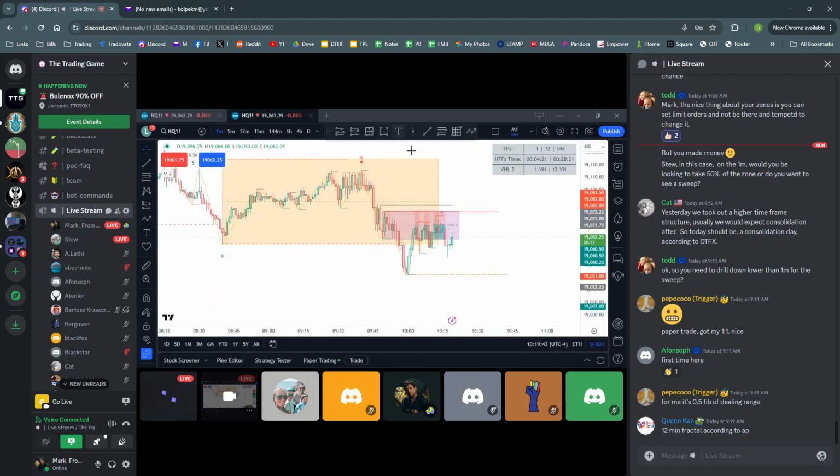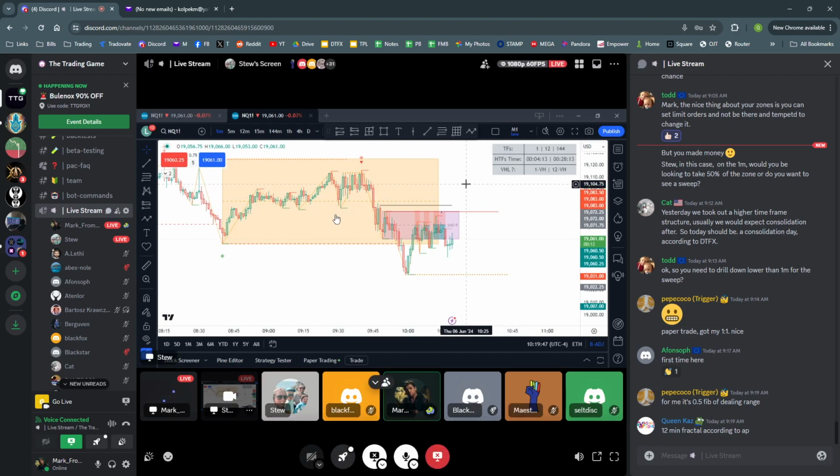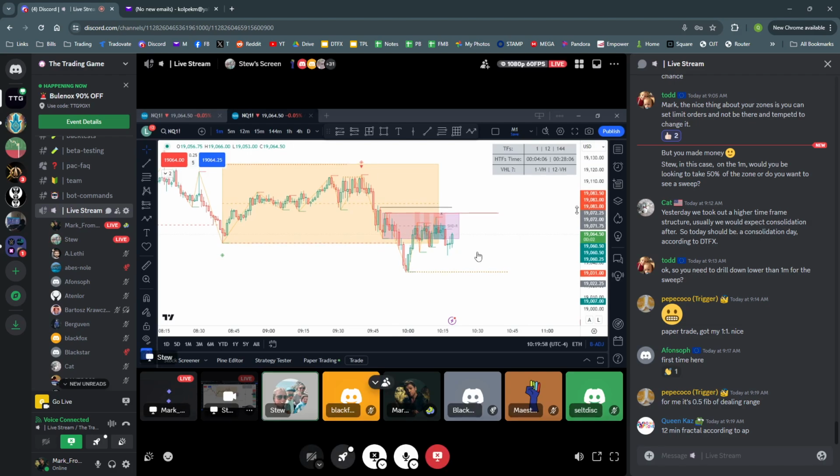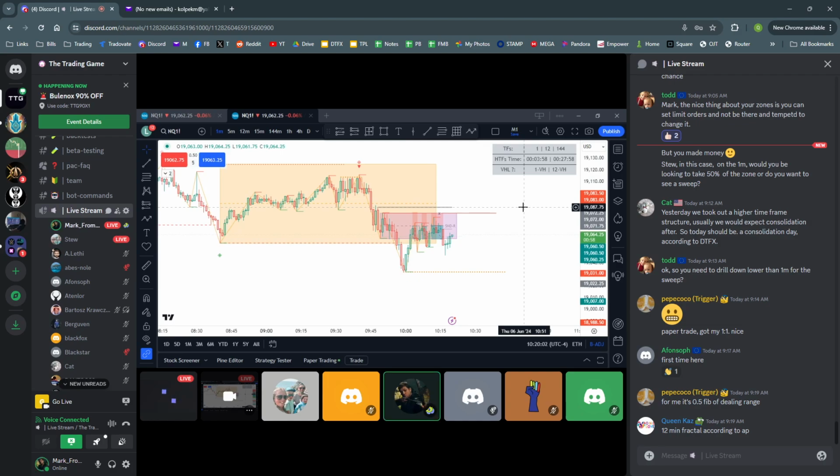Are you still interested in the 50% of that major zone? Yes, as soon as we get a sweep above here or above here, I'll be looking short. Off of any CSS. Do you drop down, or stay on the 1 minute looking for that CSS? No, I'm going to stay on the one. Okay, perfect.